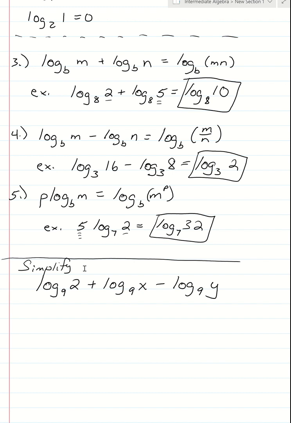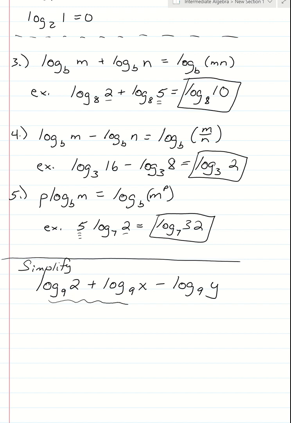Whenever we simplify, we're looking to eliminate operations. And we have an operation of addition, and we have an operation of subtraction that we are looking to simplify. And since they all have the same base 9, we can use the properties listed above here. And let's start with the addition.